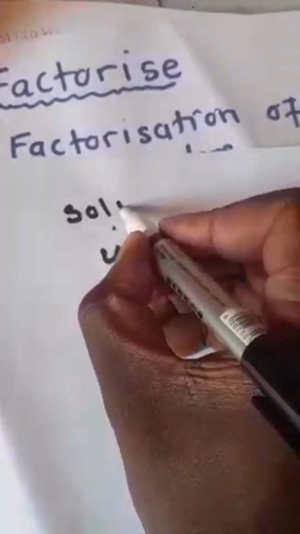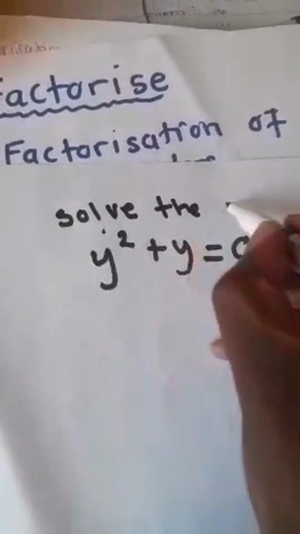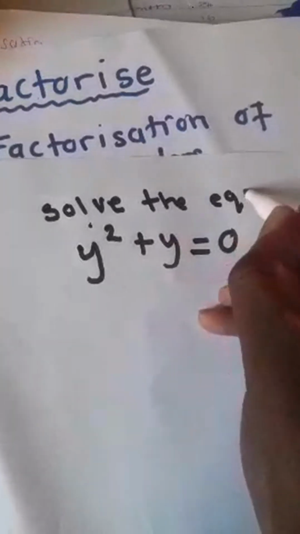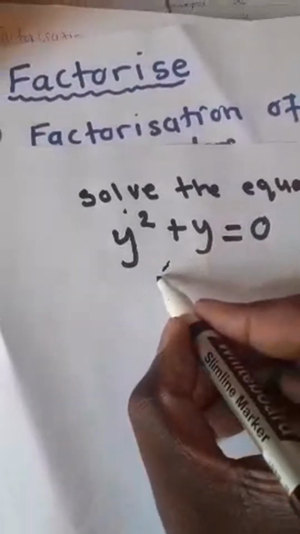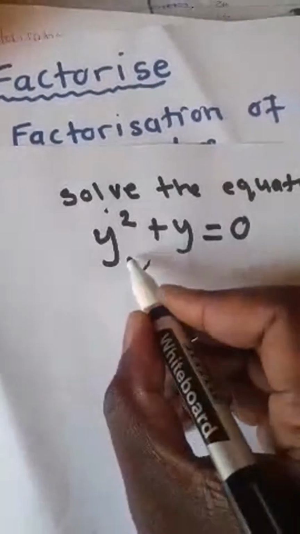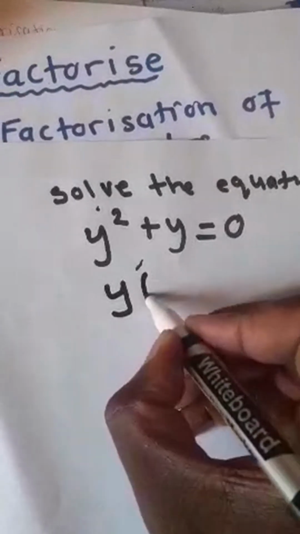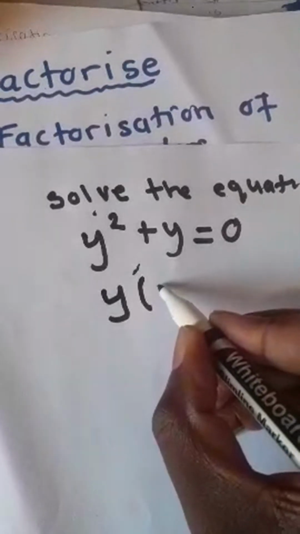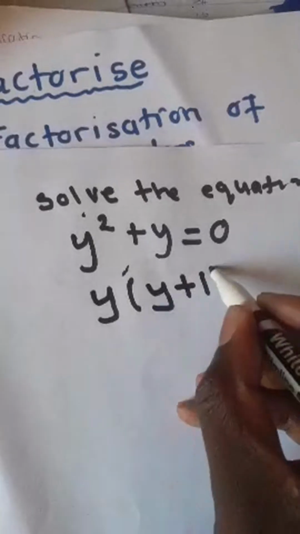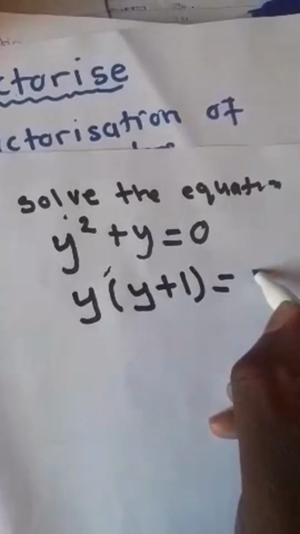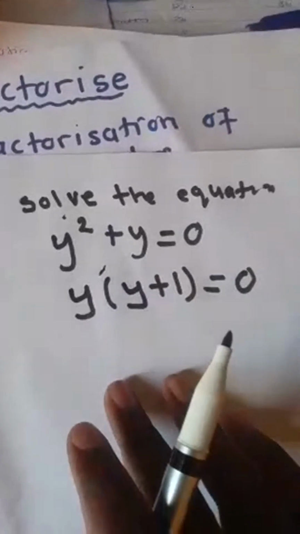So how do we solve the equation? Let's factor out y. Let's first factorize. So it's now y times y plus 1, because y into y, we get 1. Then is equals to 0.